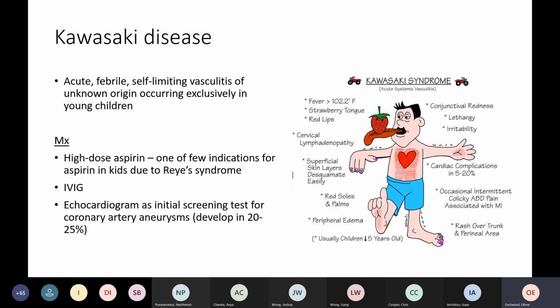So this is one of the only times you give aspirin to children. Usually it's contraindicated in under 16s because of the risk, albeit very rare, of Reye's syndrome, which is a very horrible liver and brain disease you can get if you give aspirin to children.